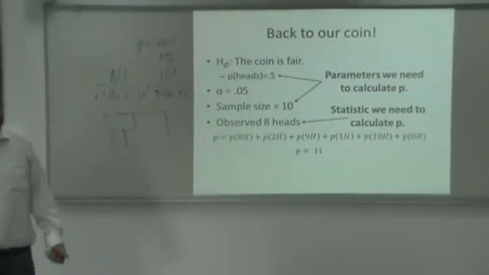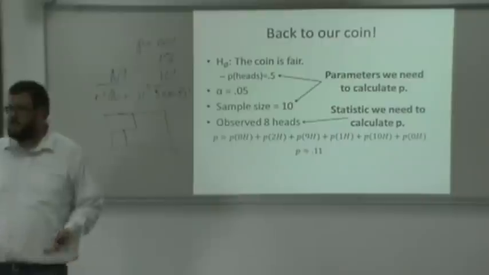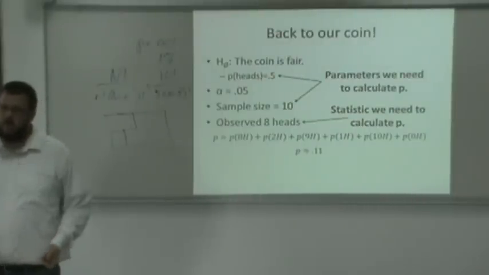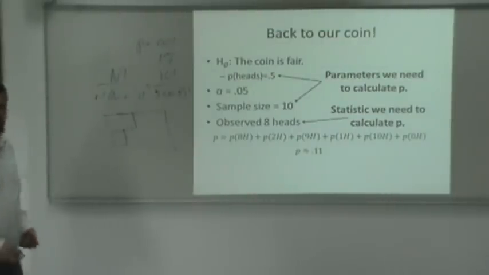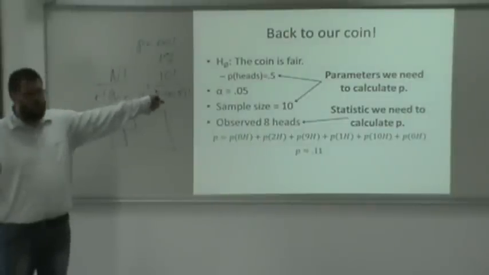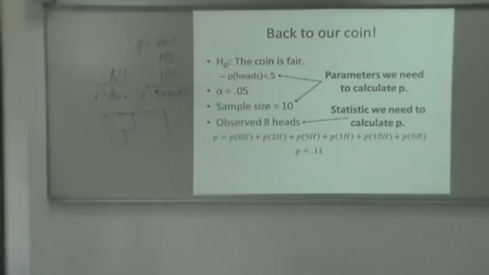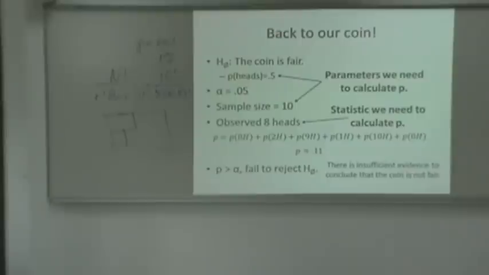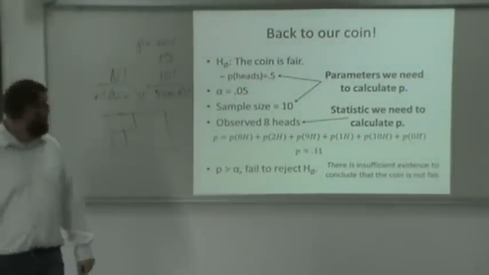Is P bigger than alpha, smaller than alpha, equal to alpha? P is bigger than alpha. What do we do? We fail to reject the null hypothesis. There is insufficient evidence to conclude that the coin is not fair at that level of alpha.